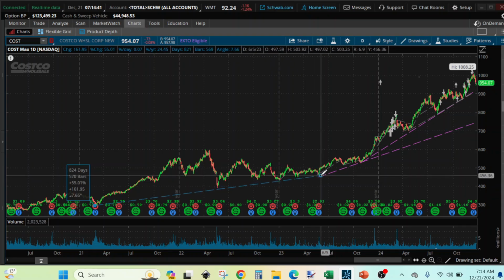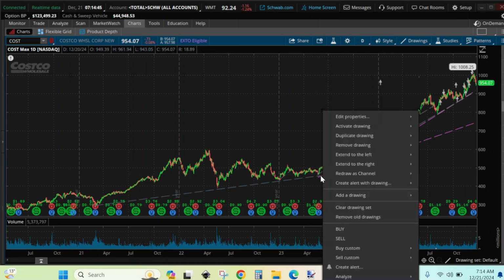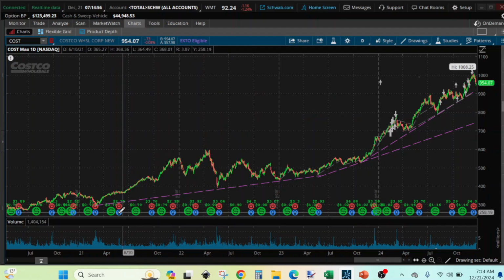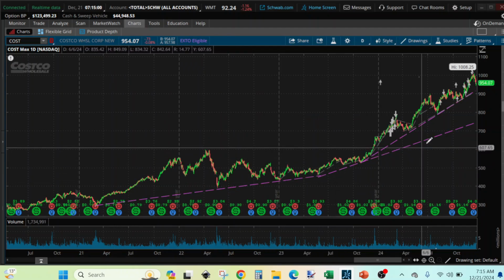Seems to me that this is going to blend into this one. Do you see it? Let's do that. So seems to me that this line will blend well into this one.